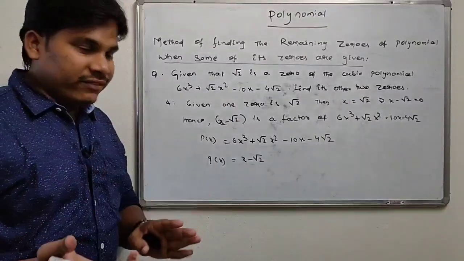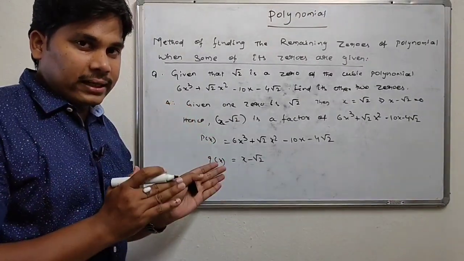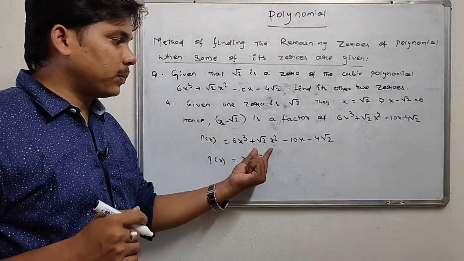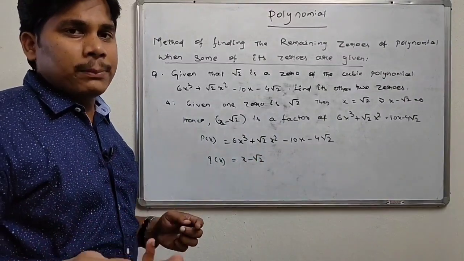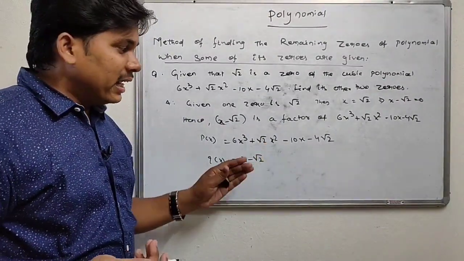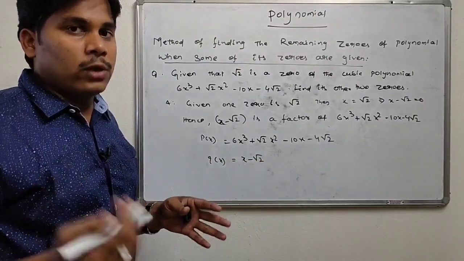Now I will divide p of x by q of x. The quotient I get is the other factor of this polynomial. Obviously the remainder will be 0, because it is a factor of this polynomial. If any number is a factor of another number, the remainder is always 0.